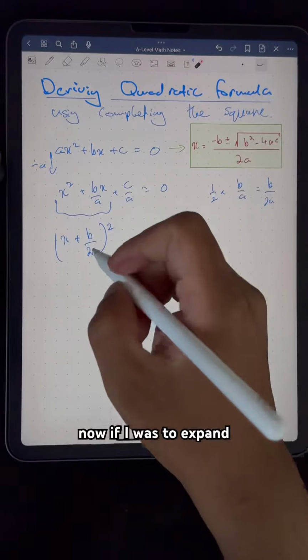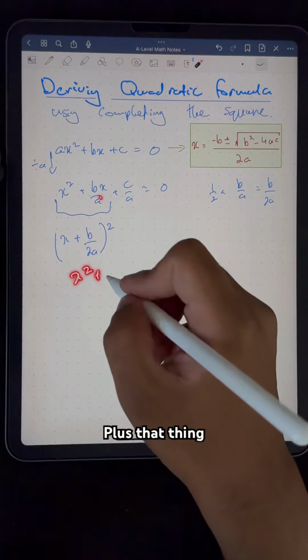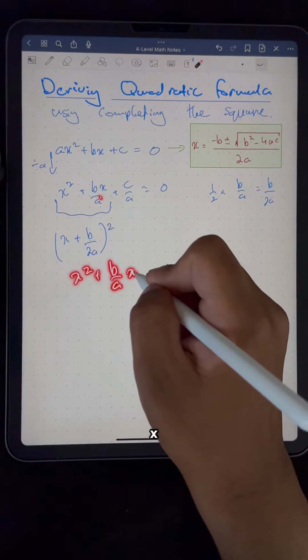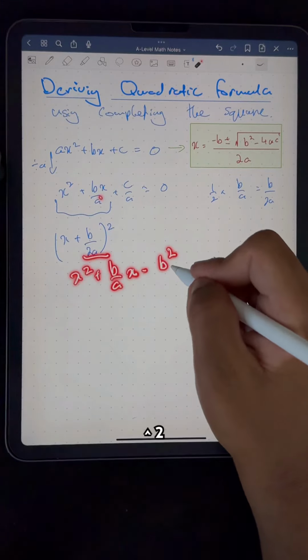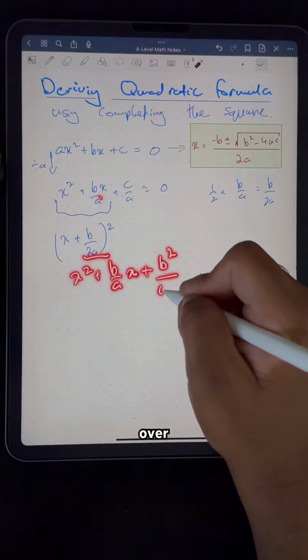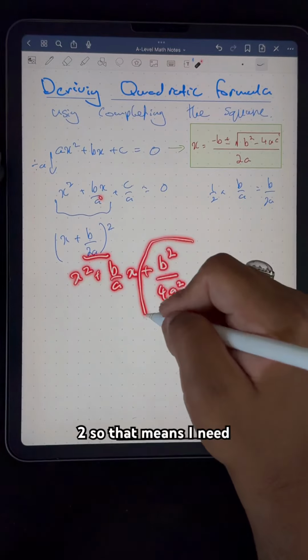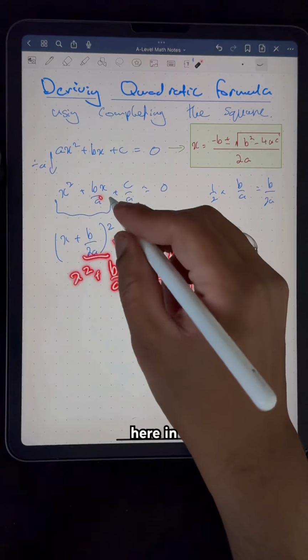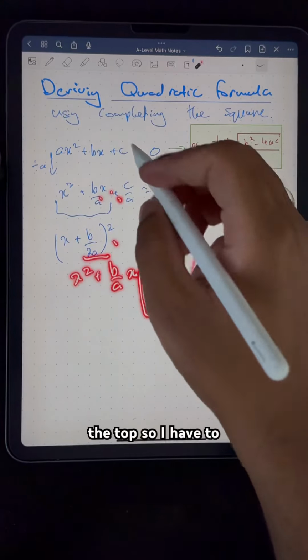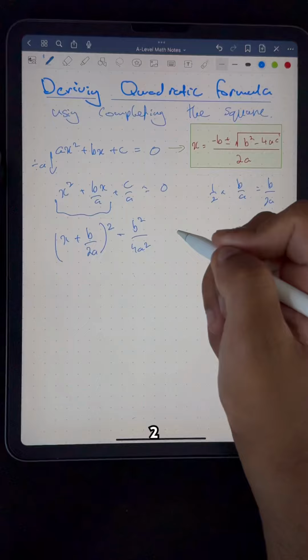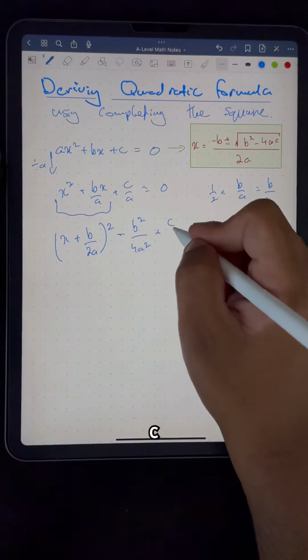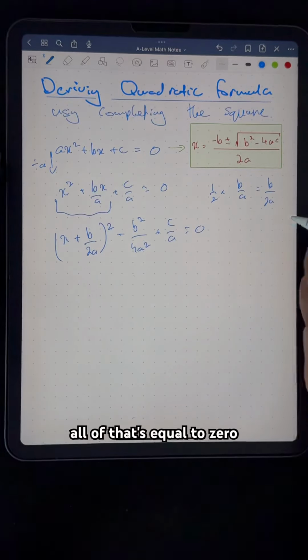If I were to expand this, I would get x squared plus b over a x, and at the end of this expansion I will end up with b squared over 4a squared. So I need to take this away in order to cancel it out, because that doesn't exist on the top. So I have to take away b squared over 4a squared, and then I have the plus c over a, and all of that is equal to 0.